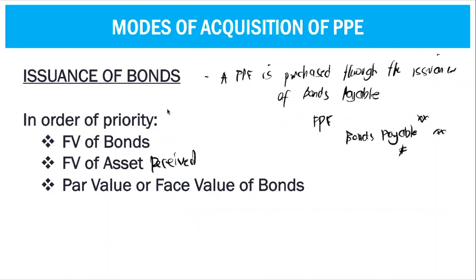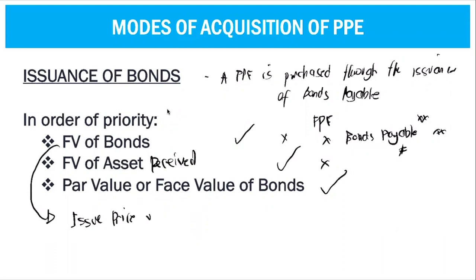So again, if this is given, yan na. Pag wala yan, edi yung fair value of asset received. Pag wala yung una at pangalawa, edi yung par value or face value of bonds. Sir, how do we compute for your fair value of bonds? Remember how to compute for the issue price of bonds? Same lang yan.